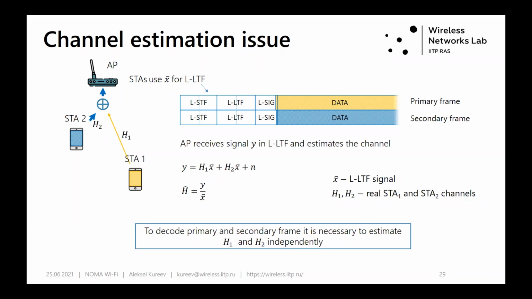And to decode the primary and secondary frame independently and, of course, accurately, the access point, or all NOMA receivers in uplink, need to estimate H1 and H2 independently. And this is the main problem of uplink NOMA. In technologies that try to implement NOMA, for example, in LTE, or sorry, in 5G, there might be some division between signals which corresponds to estimation of H1 and H2.